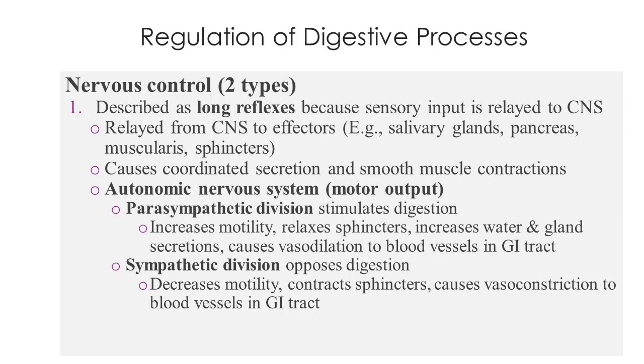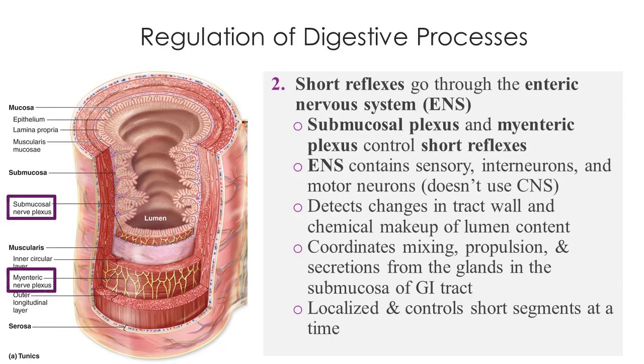So this is how the central nervous system affects the GI tract, but you're also going to have those plexes that we talked about, the submucosal and the myenteric. Myo, we know, means muscle, but we've never heard of enteric before.